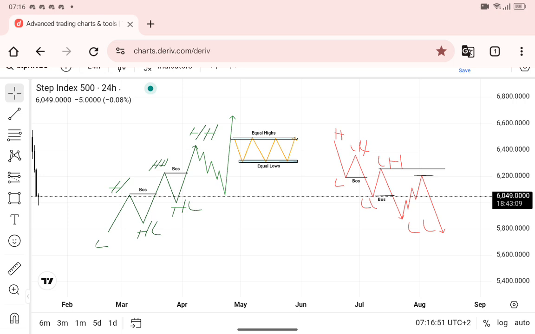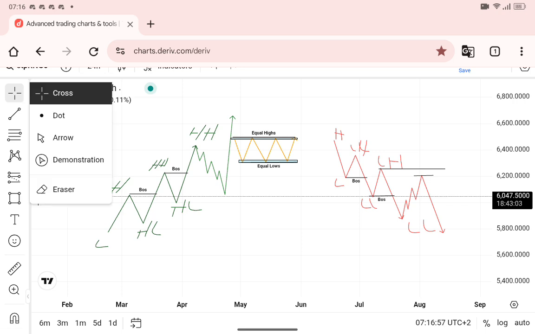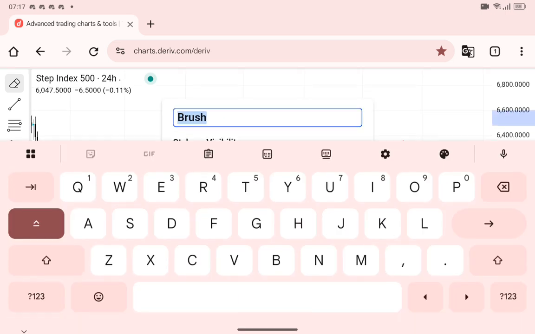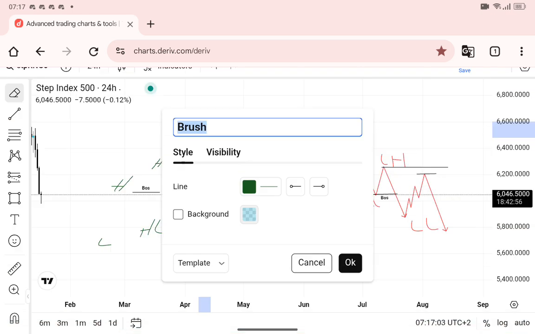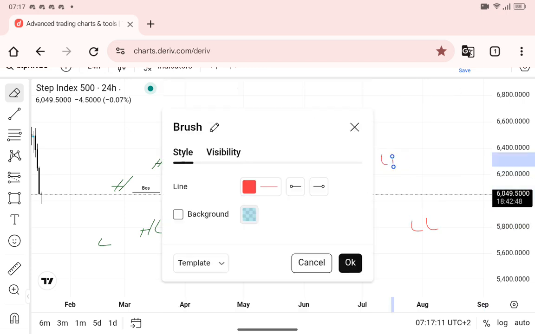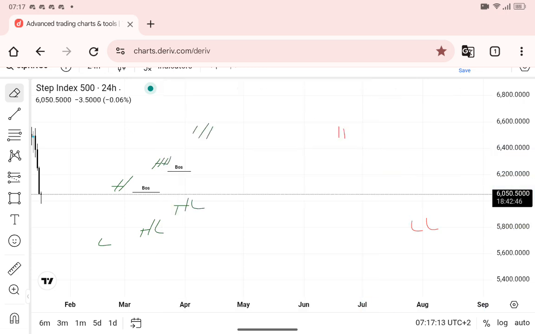So now what you need to know again, once you start learning how to map the market structure, you need to know time frames, right?